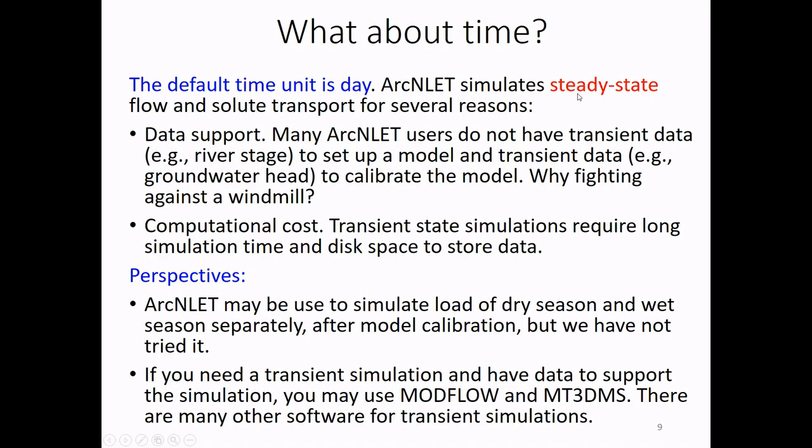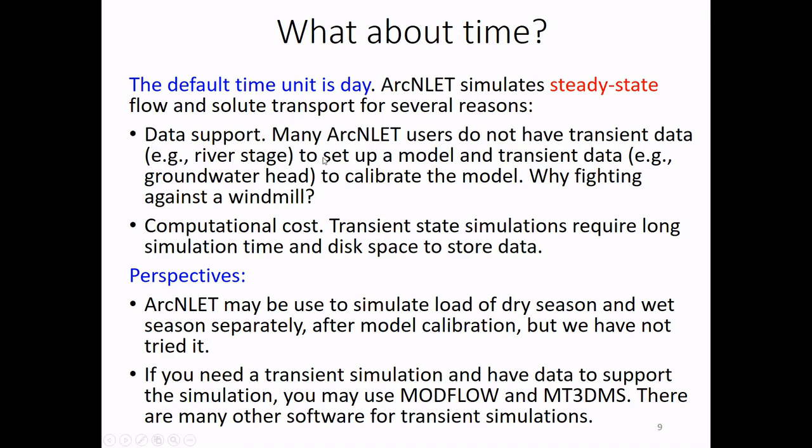The reason we assume steady state is that very often ArcNLET users do not have data to support a transient state simulation. Transient state means it varies with time, but steady state means everything is the same every day for the unit we're using.